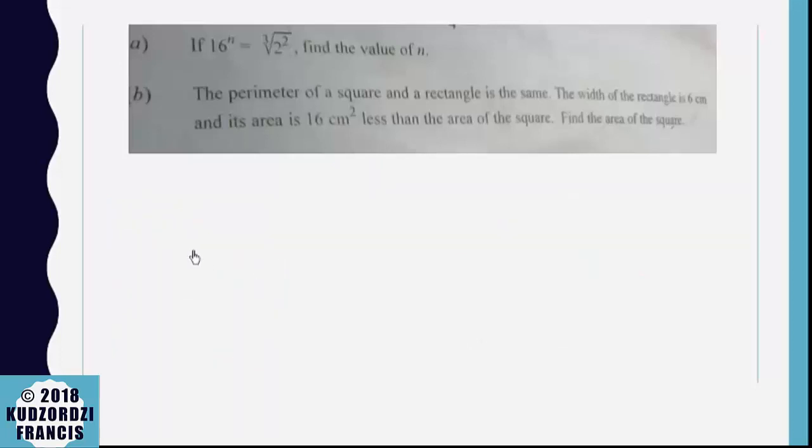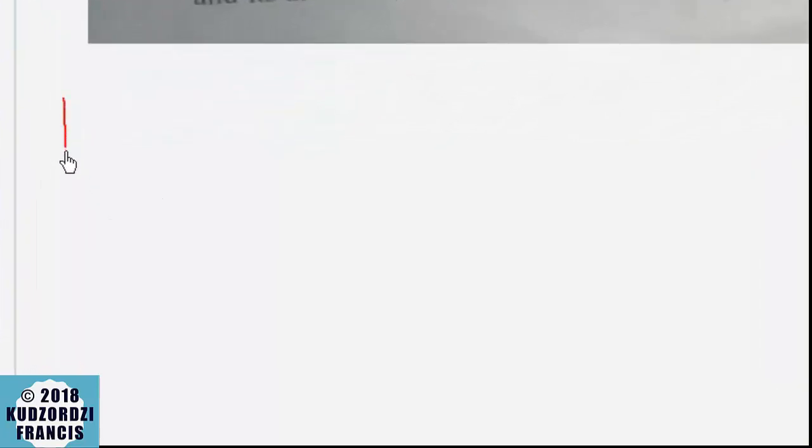Now let's look at the b part. The perimeter of a square and a rectangle is the same, so we need to draw a diagram. So this is a square, this is our square.